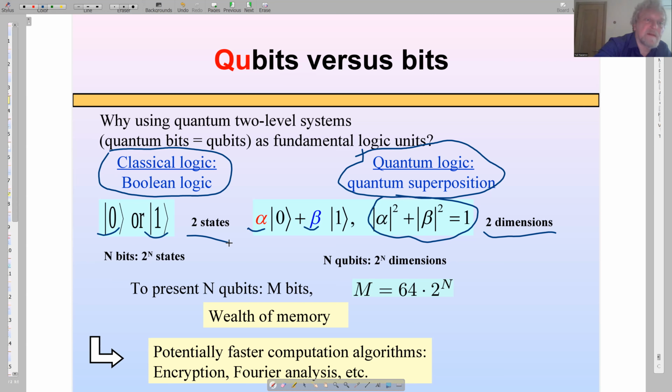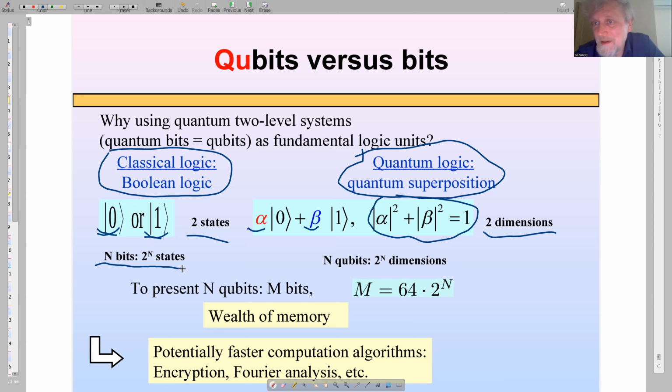Good. So if a single classical bit can be in two states, there are 2 to the power n states available for this operation. It's eventually a lot. So many combinations you can make just with 8 classical bits, with 64 classical bits.